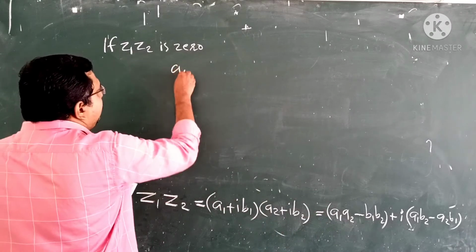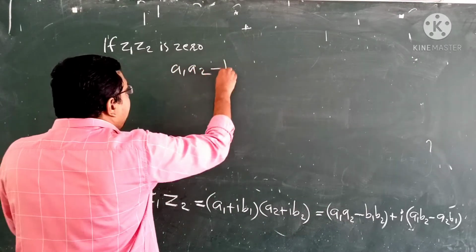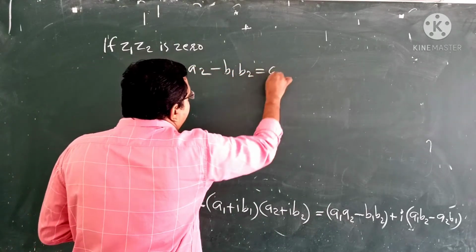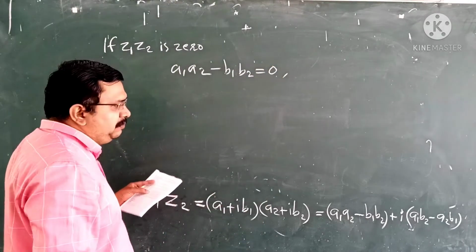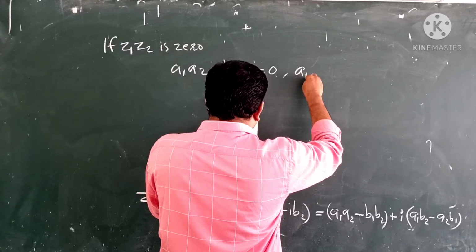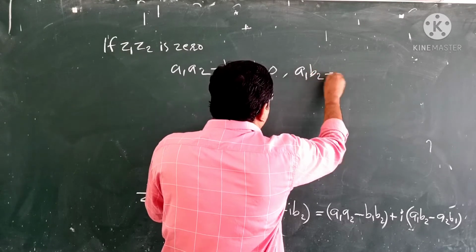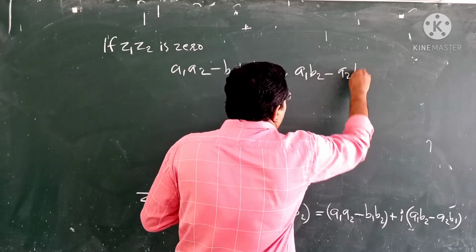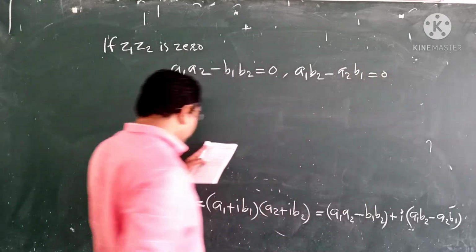That is, A1 A2 minus B1 B2 equal to 0, and A1 B2 minus A2 B1 equal to 0.